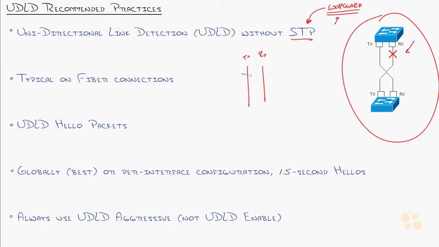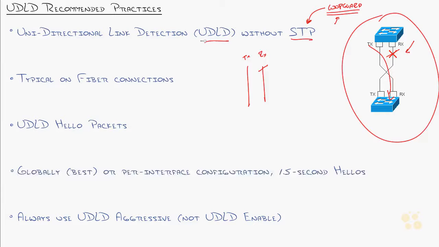But with fiber, it's very easy to disconnect one side of the cable, to where now you've got transmissions happening, but receive is not. And that could cause a loop in the network and all kinds of chaos.